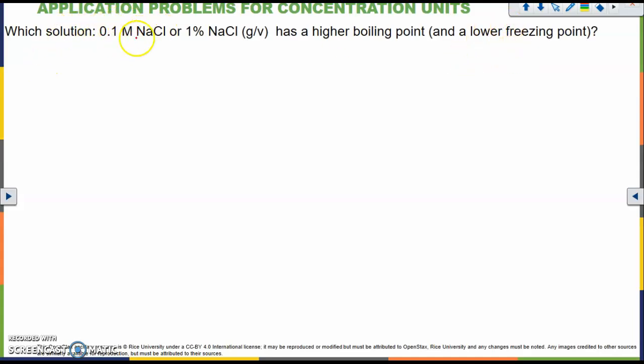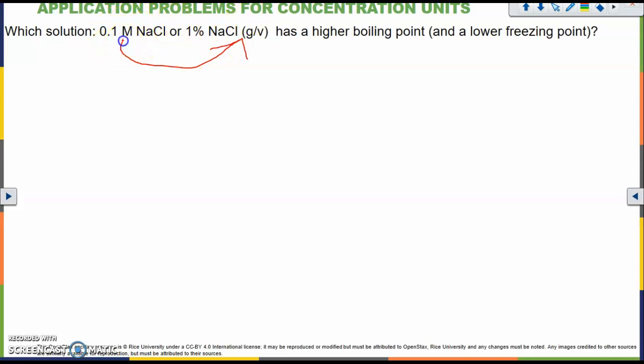So here you're trying to compare which one of these is going to have a higher boiling point. And here's the key: whichever one has more solute in it will have a higher boiling point. You have two possible ways that you can do this. You can go from molarity to gram volume, because you must compare the same units.